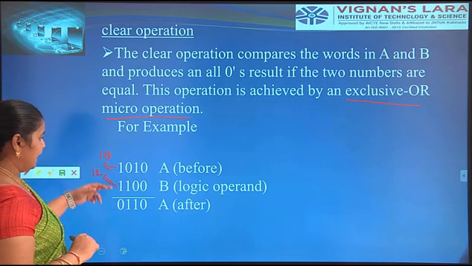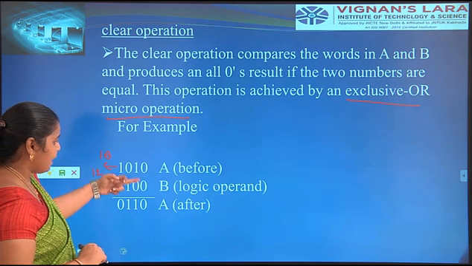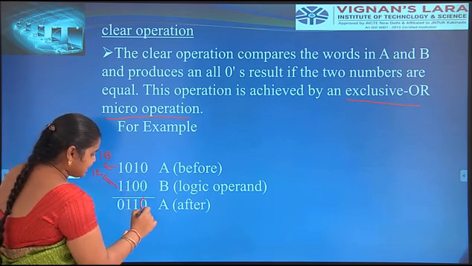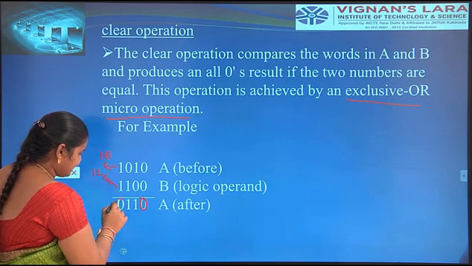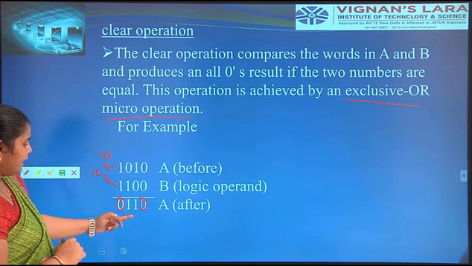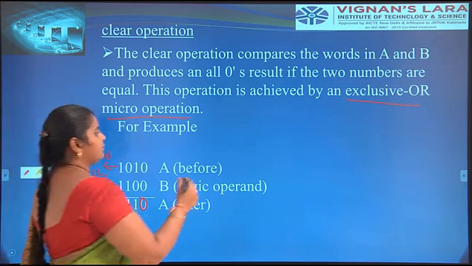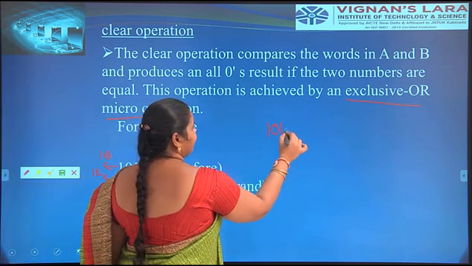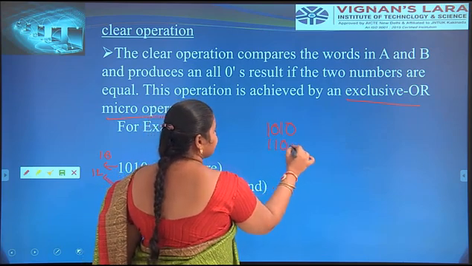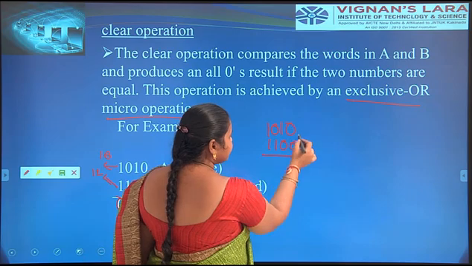Okay, if in the A bit and B bit there is the same value, the result is the same: 0 0 is considered as 0 and 1 1 is considered as 0. If both cases are different, that is considered as 1. Here we take 1 1 1 0 1 0 and 1 1 0 0. In this, 0 0 means 0.